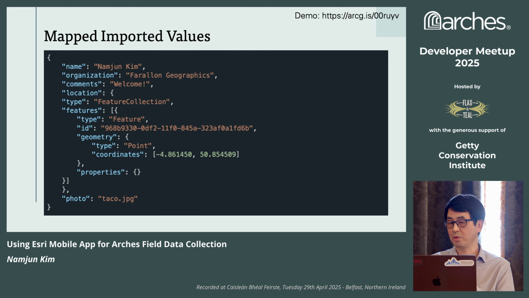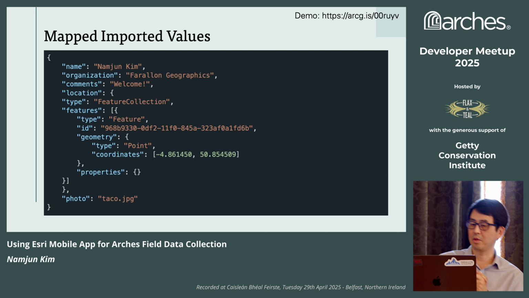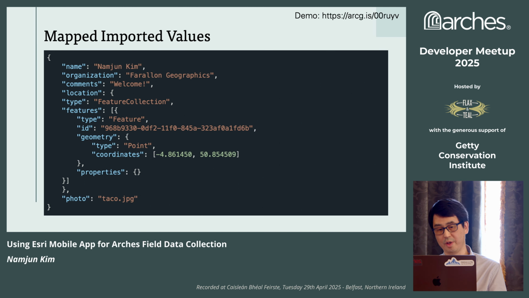For example, we're using the core Arches data type validation, so you can go through the validation. If you stage the whole thing, then the staging function will do the validation, save to the staging table, and then save to the tile eventually. So that will all be done automatically.